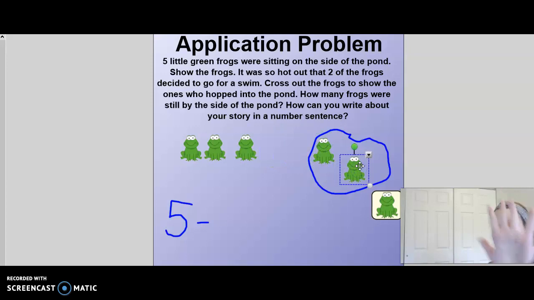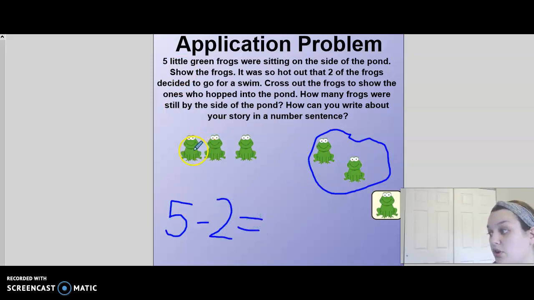So I started with 5, I took 2 away, and now I have 1, 2, 3. So 5 minus the ones that hopped into the pond, minus 2 equals 1, 2, 3.